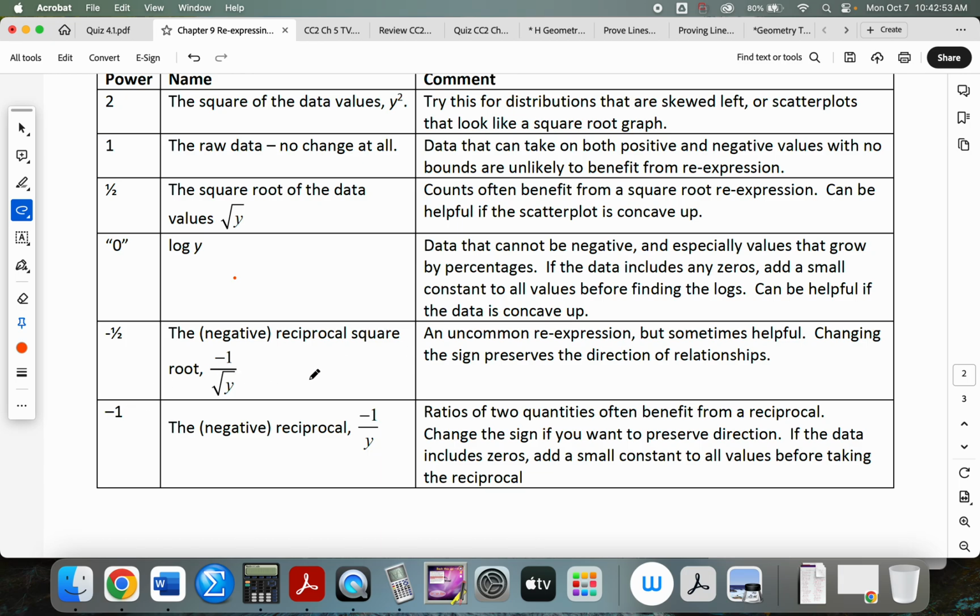This negative reciprocal square root doesn't get used very often. The reason you want to change the sign is it preserves the direction of the relationships. So your correlation direction will be the same as it was before.